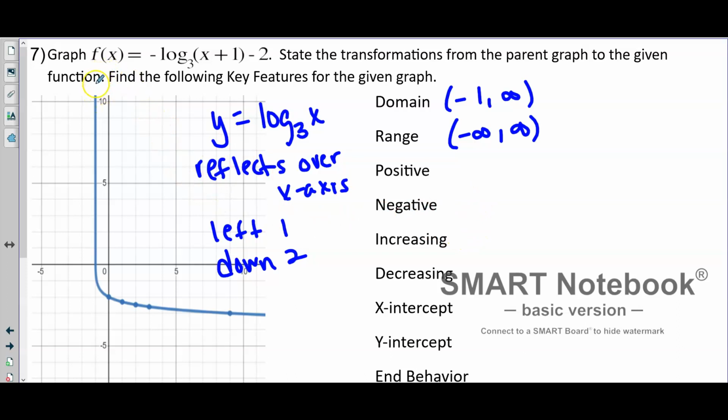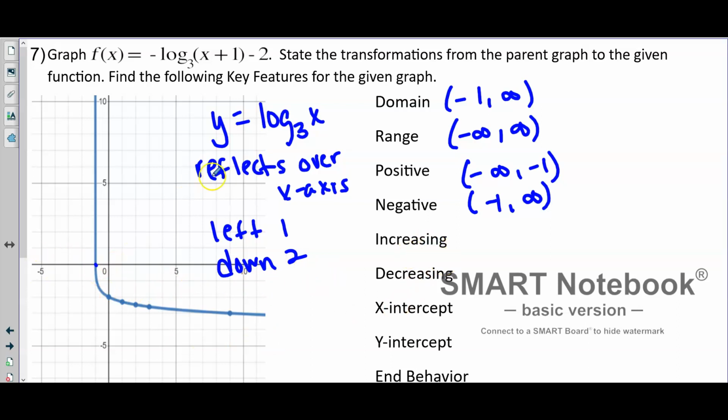Positives above the x-axis, so that goes from negative infinity to that point right here of negative 1. And then negative is below the x-axis, so from negative 1 to infinity.